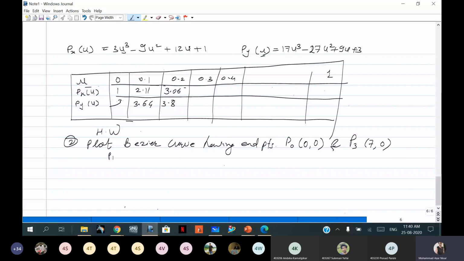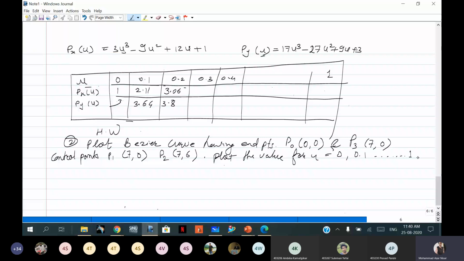I will write down: p1 equal to 7 and 0, p2 equal to 7 and 6. So these are the control points. Now they have asked you to plot the values for u equal to again same, 0, then 0.1 up to 1.